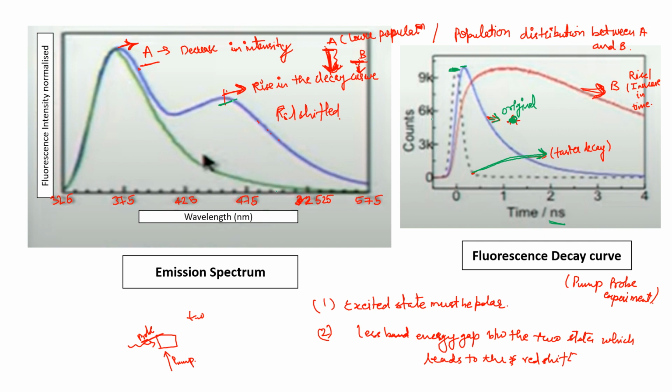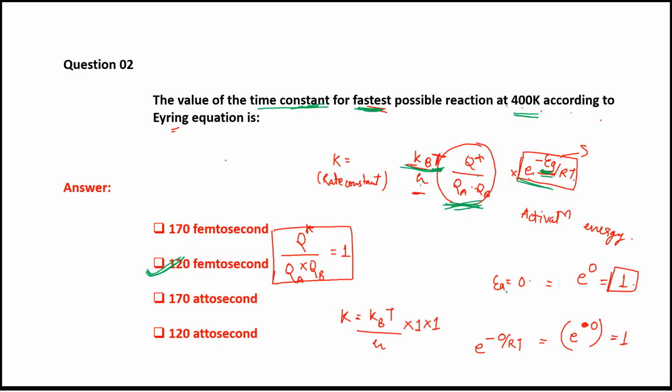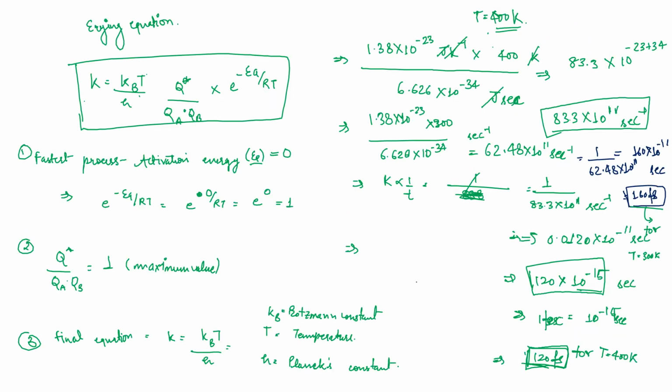Because most of the population which used to be only in state A is now distributed to A and B, and therefore most of the molecules in system A will then decay faster. Okay. Then, based on the Eyring equation, we also calculate the time constant, that is T. And here we discussed what the T is.